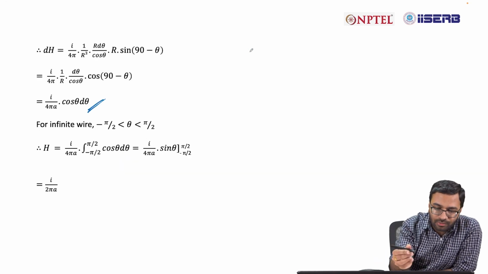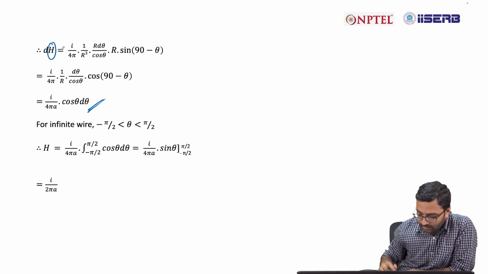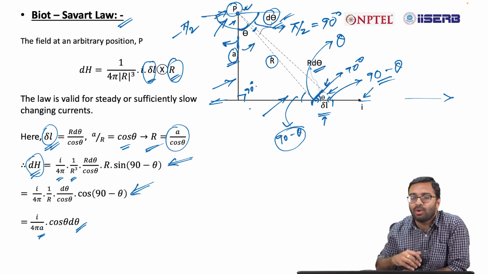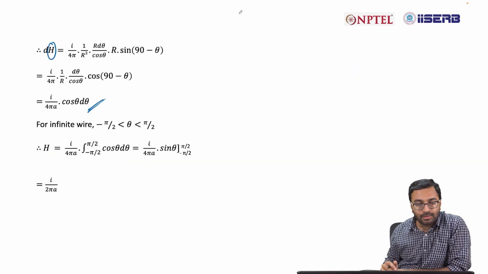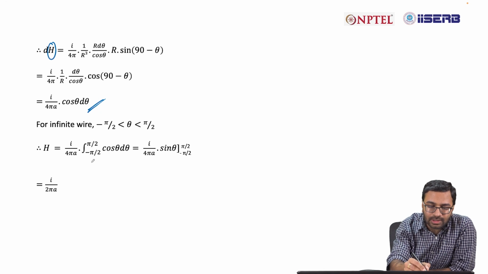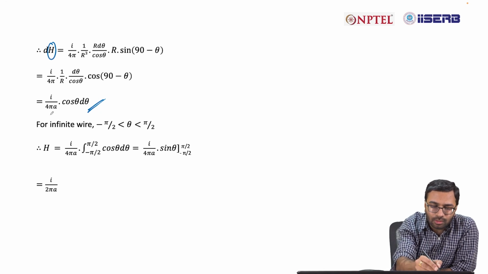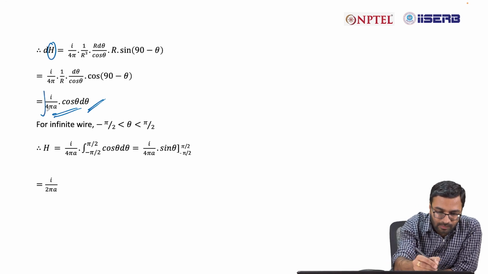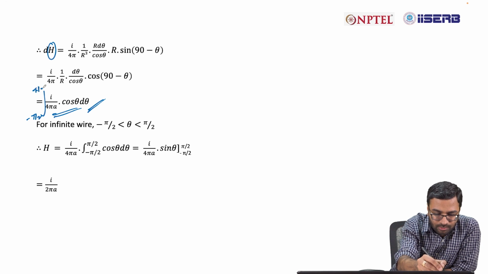So, now if you want to figure out what is the value of H, which is the value of magnetic field strength at this point P, H will be the integration from minus pi by 2 to pi by 2 of this.